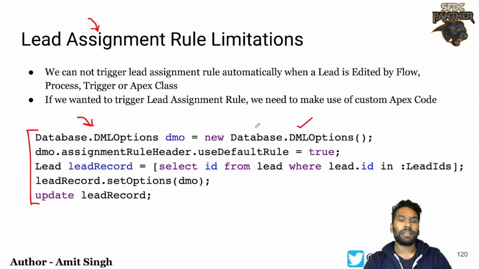Then we set assignmentRuleHeader.useDefaultRule to true. The assignment rule header can be checked for assignment rule, for auto response rule, as well as for our duplicate rule. Depending on which object we are working with, we have to query that object, get the lead record, and update it. That's what we will be doing as part of the second part.